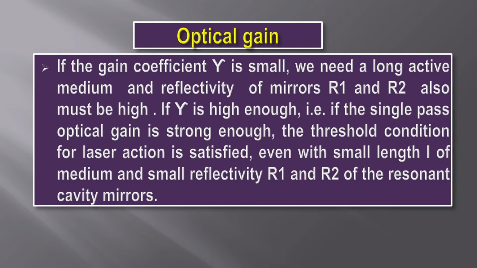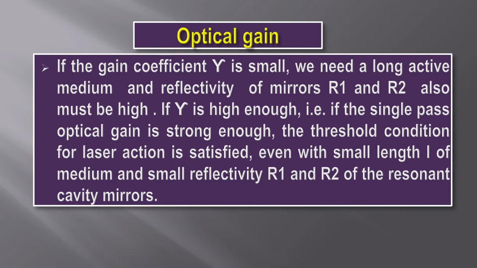Because of this, for a CW helium neon laser, you need a laser of about 1 meter length with a small diameter. You will have two mirrors incorporated inside, one 100%, the other 95%. Only then will the helium neon laser work.